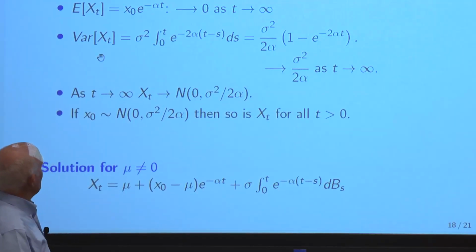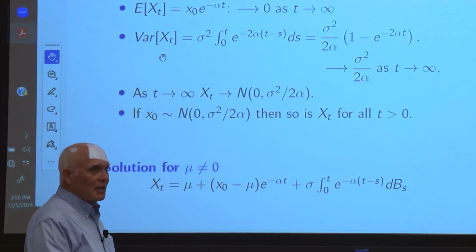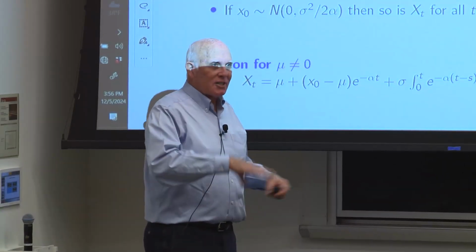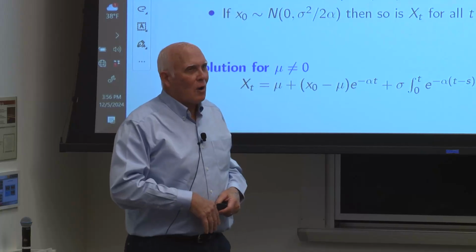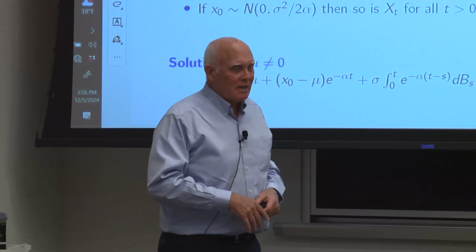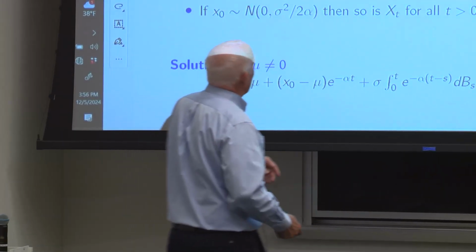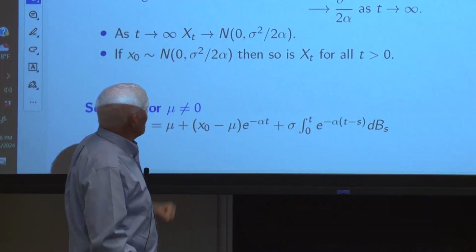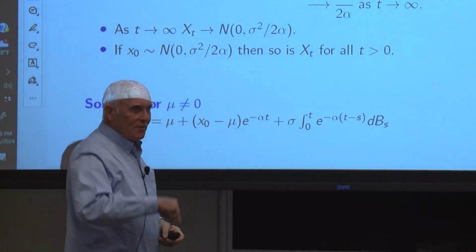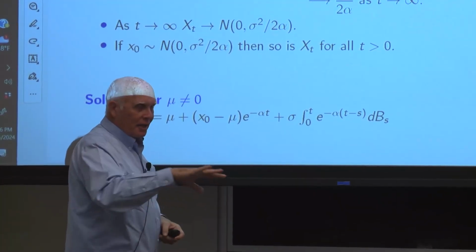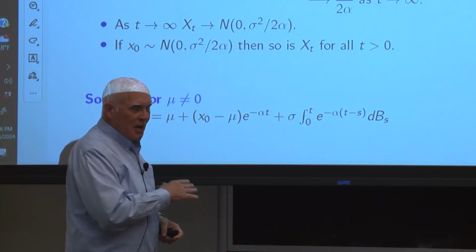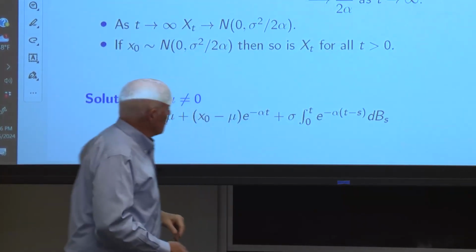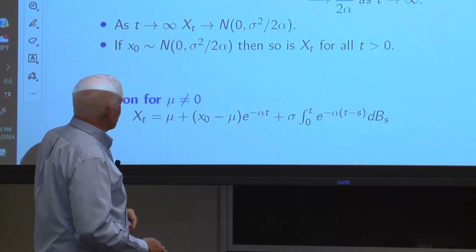What's interesting about this process is that it has a limiting distribution that's not like a non-stationary random walk of Brownian motion, but it's centered at the mean level, which was assumed in this development to be 0, with some constant variance. So there's like an ergodic property to this process. The long-term distribution is simply this fixed distribution with constant mean and variance.